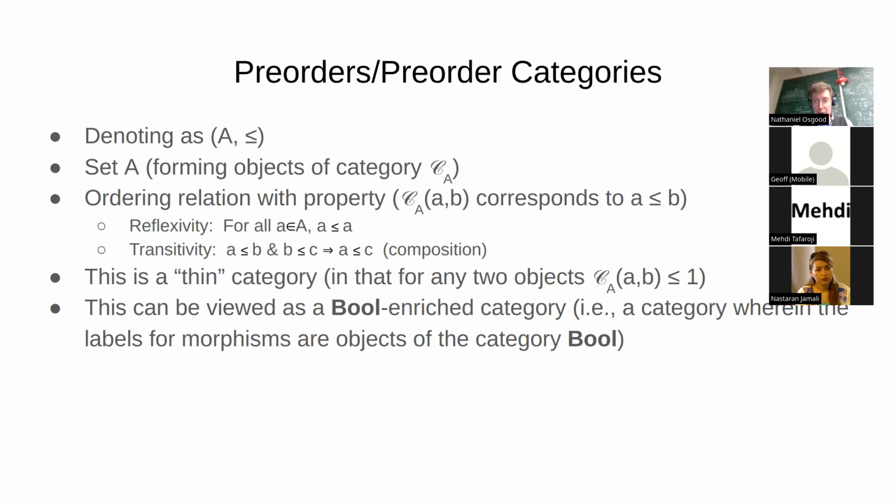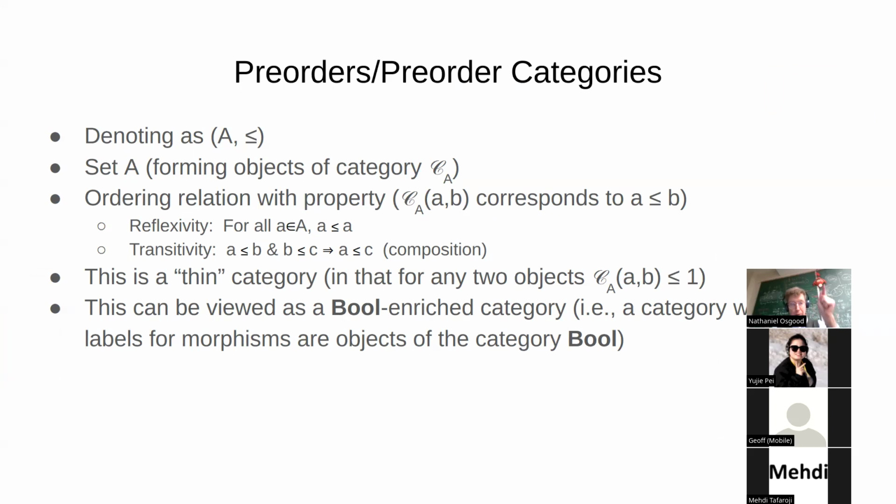So everyone here, I think, will be familiar with preorder categories, where we have as objects particular quantities. We have objects, and then we have morphisms.